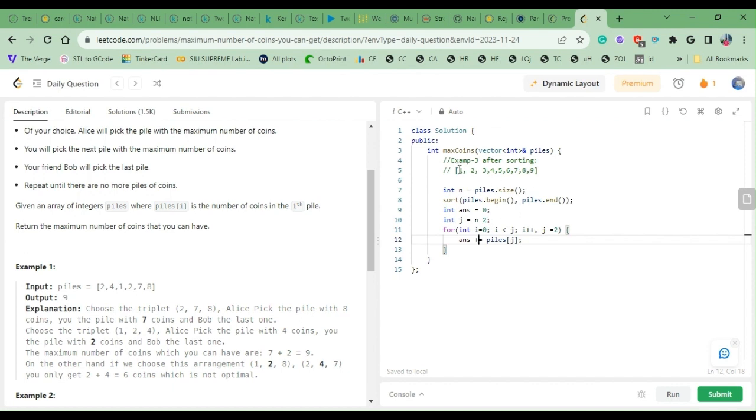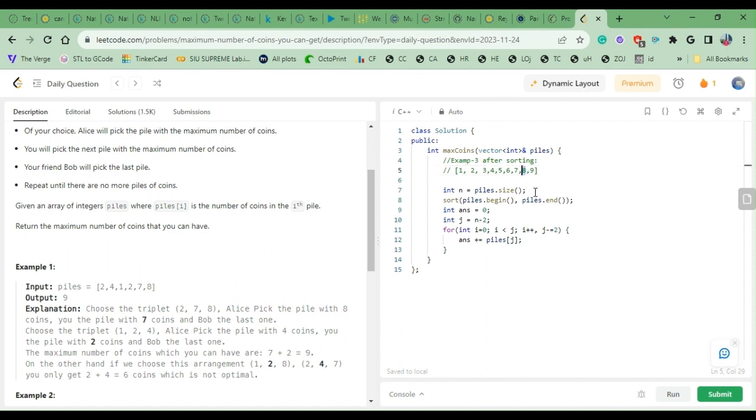If the initial index is 0 and the last index is n minus 1, then since we start from the last one, we know that if we consider these two numbers, this will be picked by Alice and 8 will be picked by you. So that is why your number is 8.